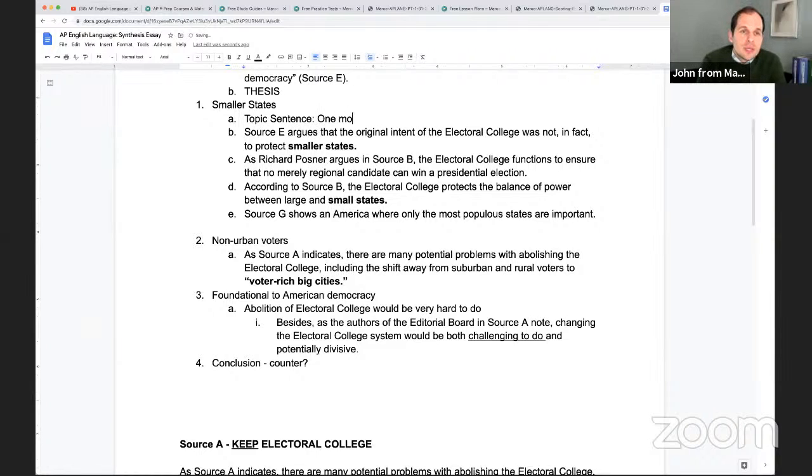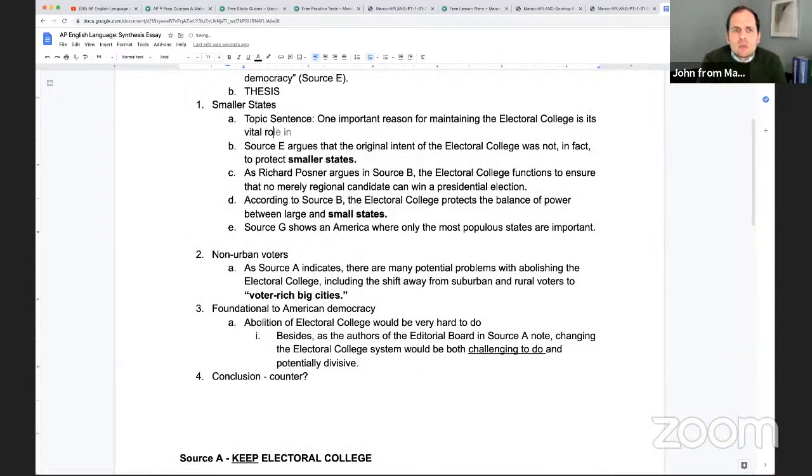One important reason, and it's not a work of art right now, but one important reason that we should maintain the Electoral College is its vital role in protecting the interests of smaller states within the United States.